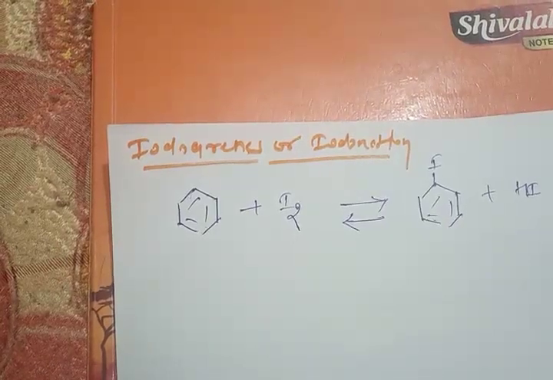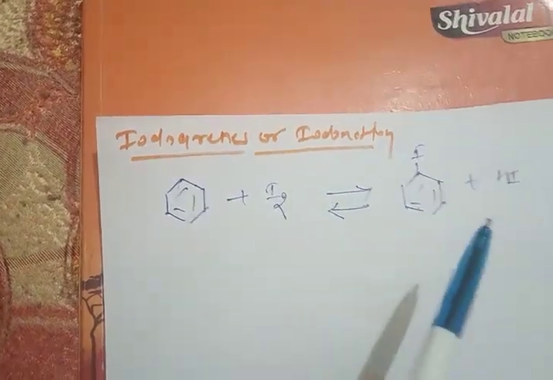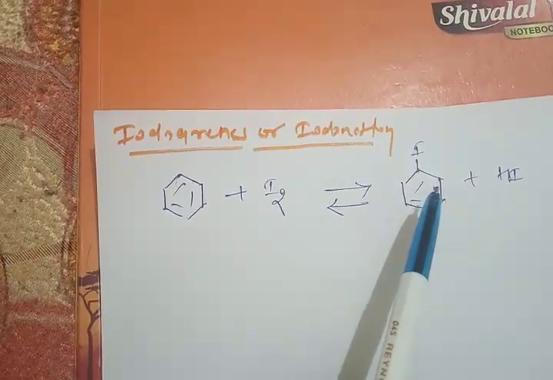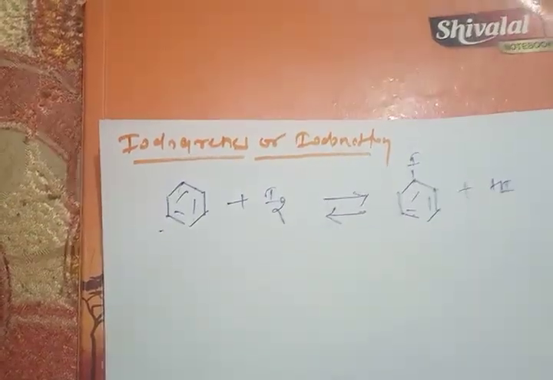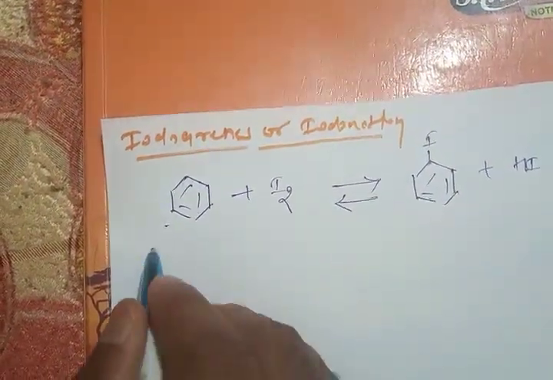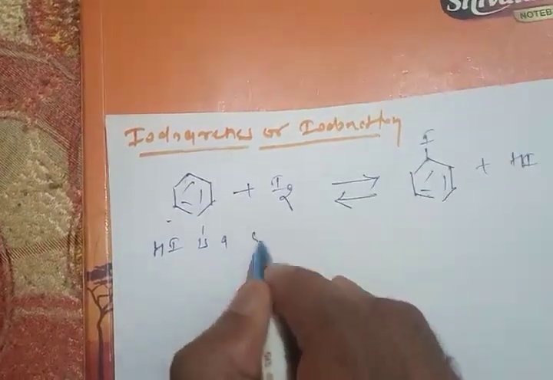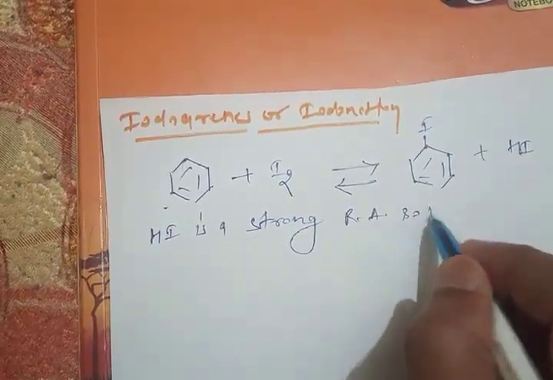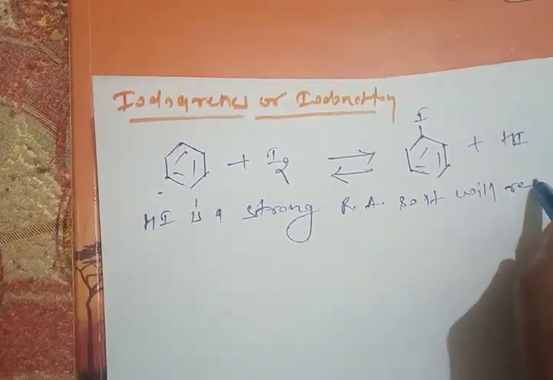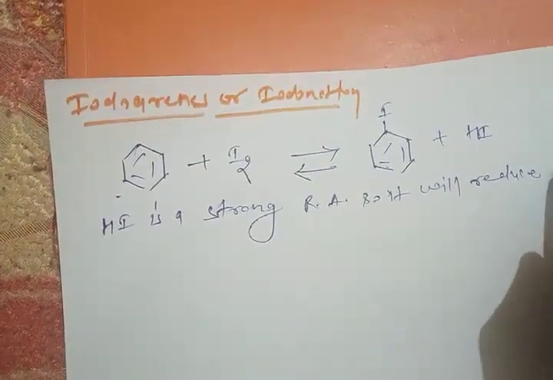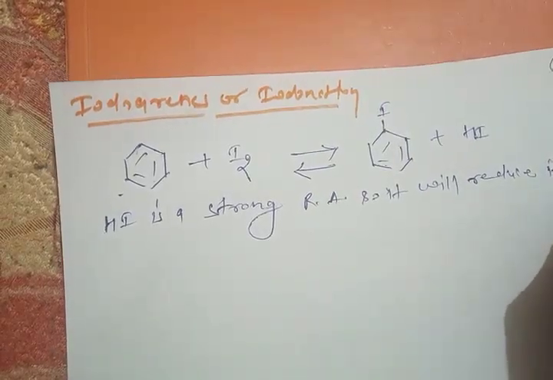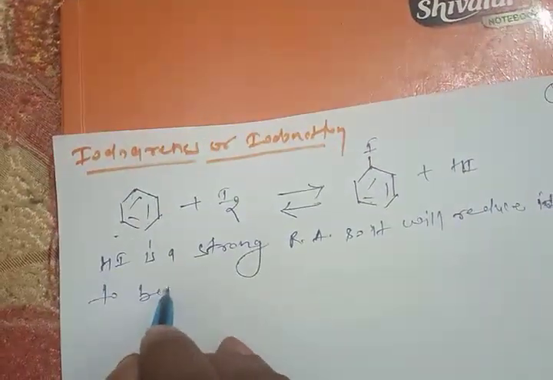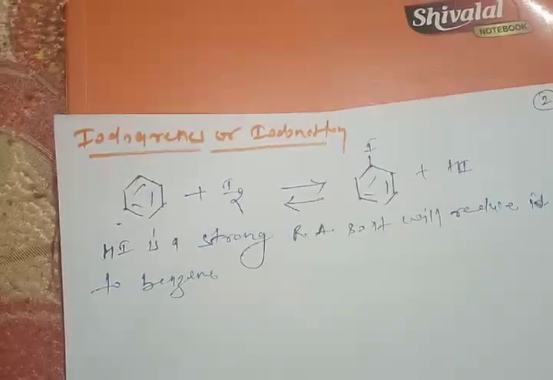HI, which is produced, is a strong reducing agent, so it will reduce iodobenzene back to benzene. So we have to stop this.